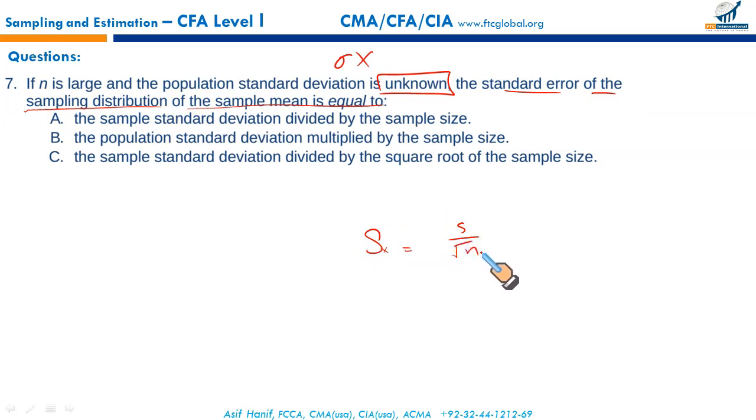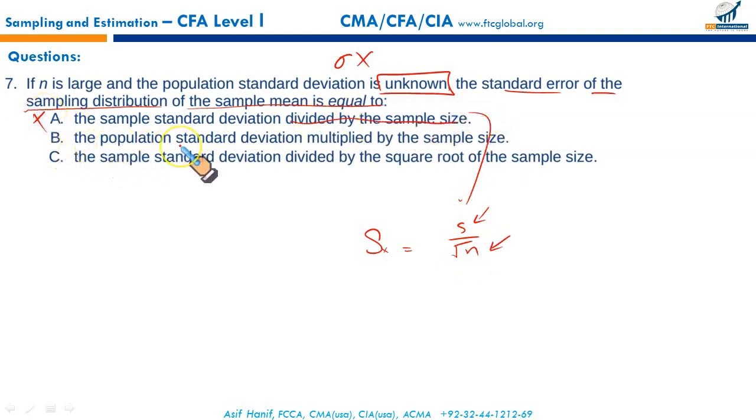We can simply use the standard deviation divided by the square root of the sample size that we've just done. So let us see which of these options contain the formula. A, the sample standard deviation divided by the sample size, apparently looks correct, but basically it's the square root of the sample size, not just the sample size. So that is incorrect.